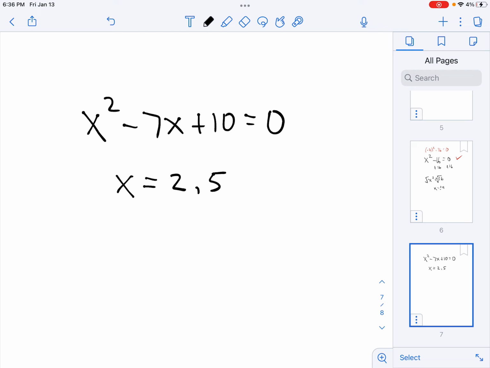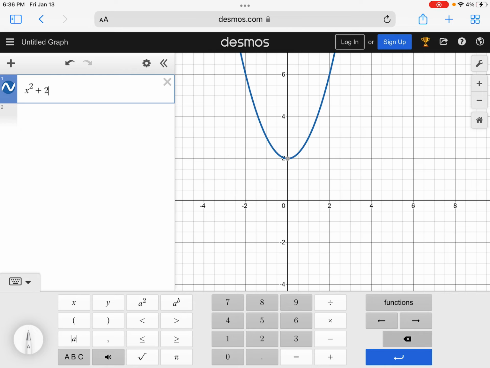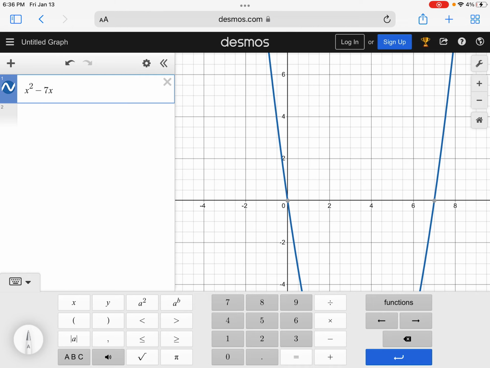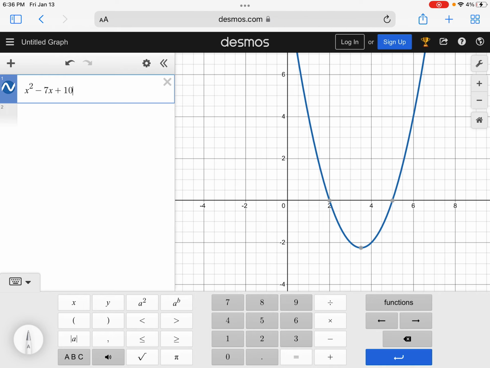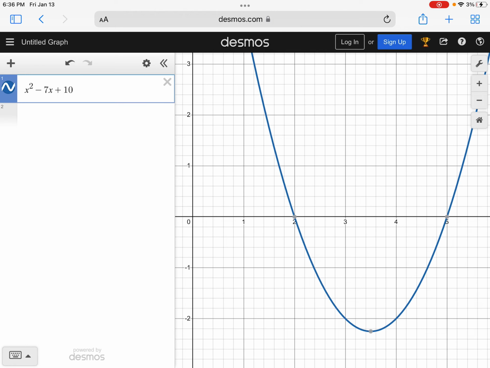Now let's look at this on a graph here really quick. Go back here to Desmos, and we've got x squared minus 7x plus 10. Okay, and you've got your two solutions here, 2 and 5.